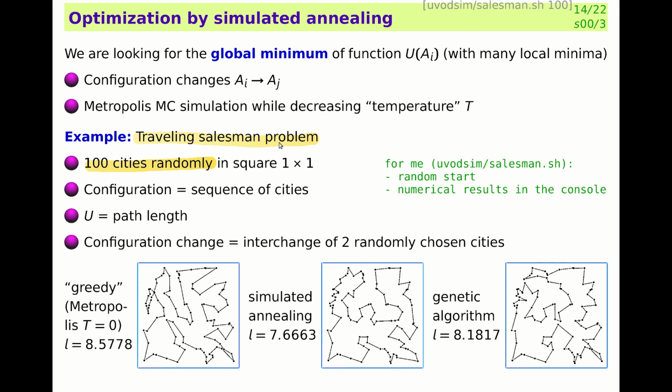And the cost of this travel, let us say the length of this travel, should be as short as possible. So this is called the traveling salesman problem.